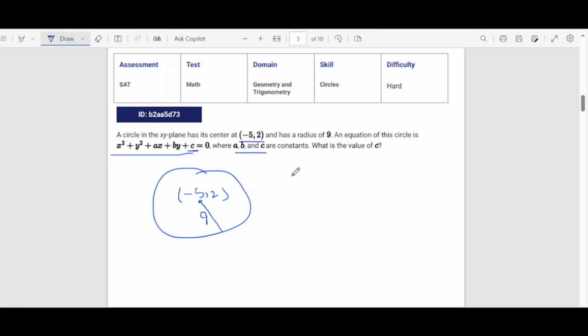What is the equation of a circle? It is (x minus a) squared plus (y minus b) squared equals r squared.